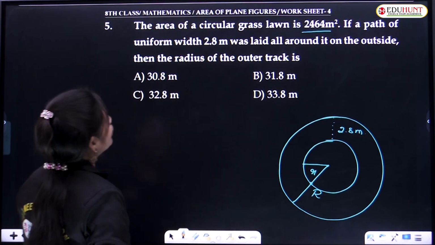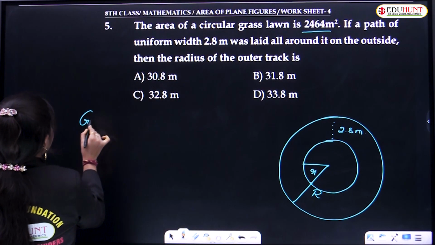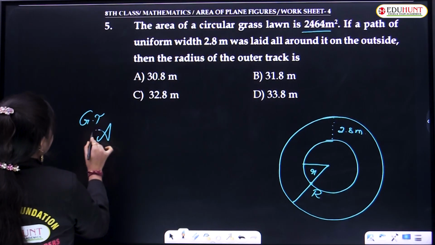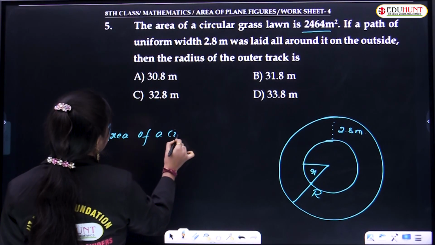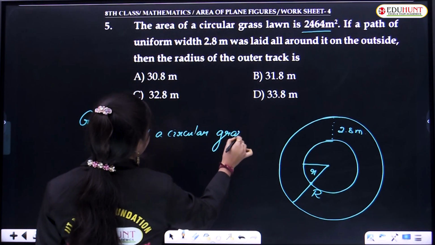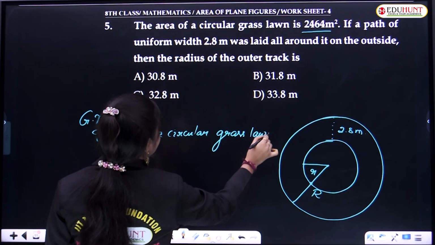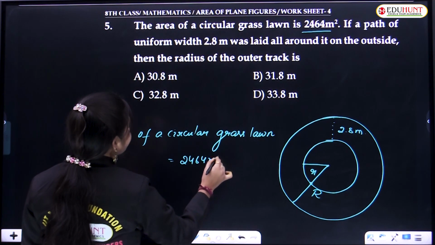Now what they are saying, see here: area of a circular grassland is given as 2464 meters square.